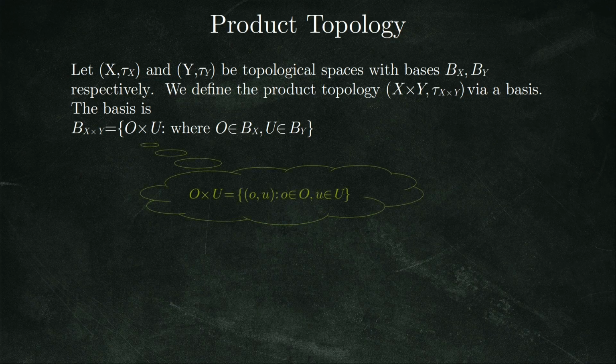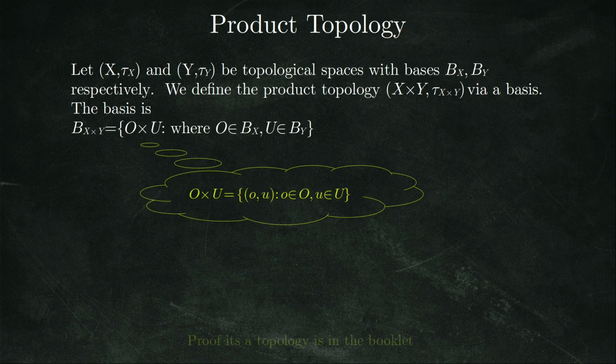And remember that O cross U is the set of pairs of points where the first point is in O and the second point is in U. And at this point you may ask, is it always the case that we can find a basis Bx and By for our topologies tau X and tau Y? And the answer is yes. There's always a trivial basis, which is just the whole topology itself. So if you can't find a nice one that simplifies things, you can always just use the whole topology.